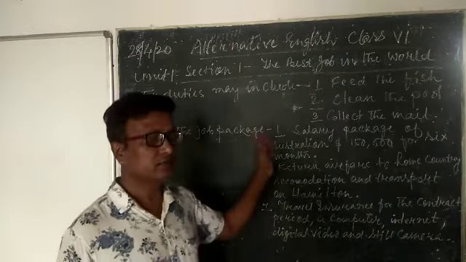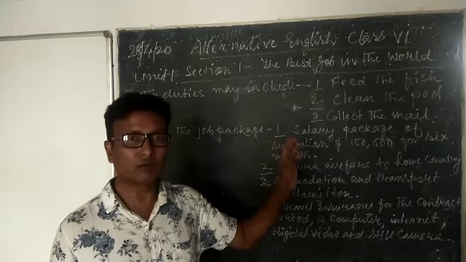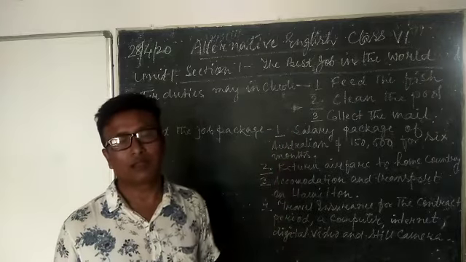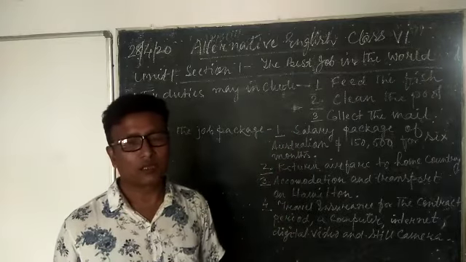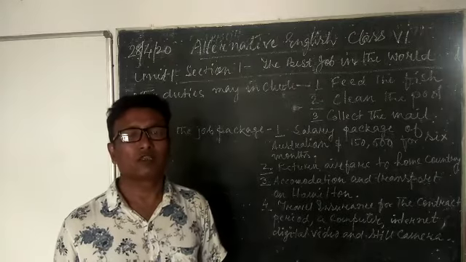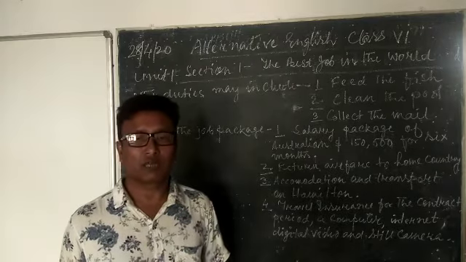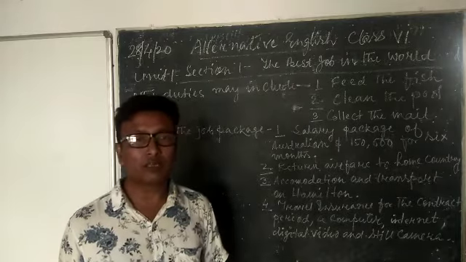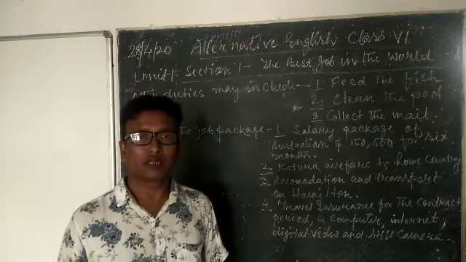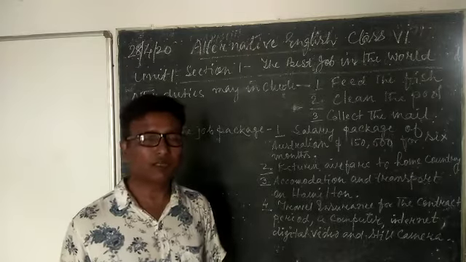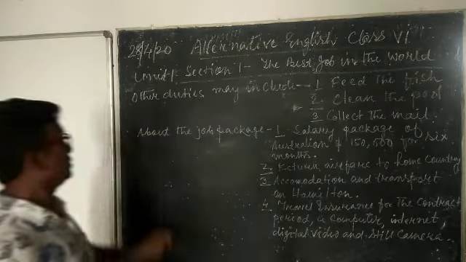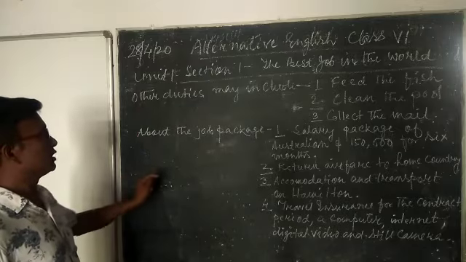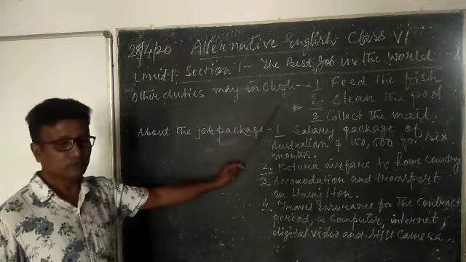Just like here, the best job in the world, island caretaker, what is his job there? It is mentioned in about the job. So when you are writing an advertisement for some other jobs, you will have to mention the nature of the job in the first step. Then you will mention the second point, other duties may include.